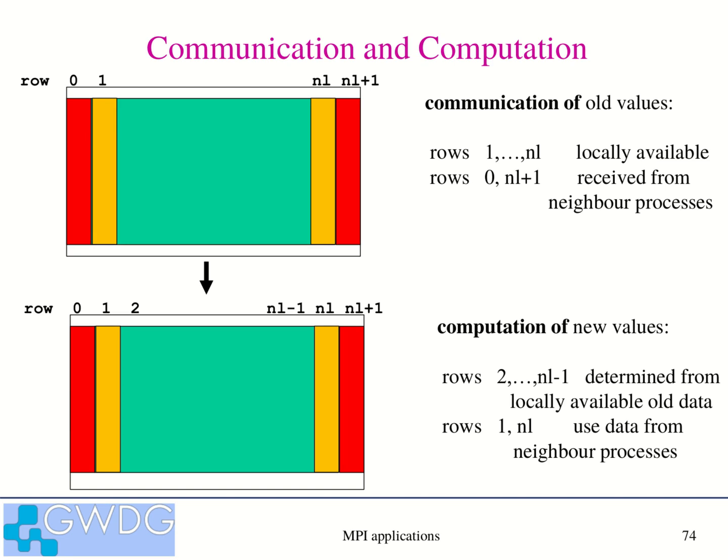But within one local domain, I have columns which are the first inner column and the last column of the inner domain, and I have the boundary, which is not inner, but belongs either to the global boundary or to the neighboring processor.